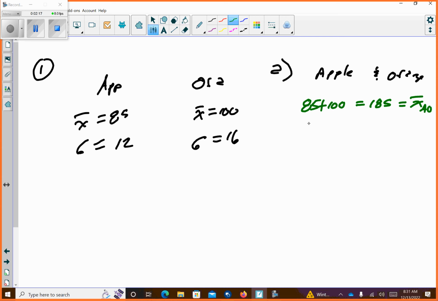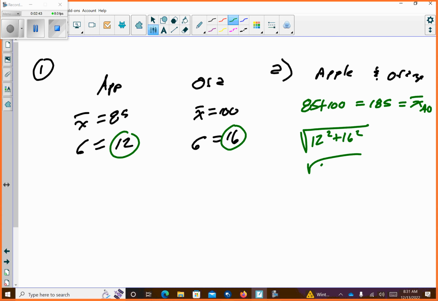The apple and orange means are easy, we just add them together. But what do we do to find the standard deviation if we have two different standard deviations from two different items? Who remembers? Yep. So I go 12 squared plus 16 squared. Add those together.